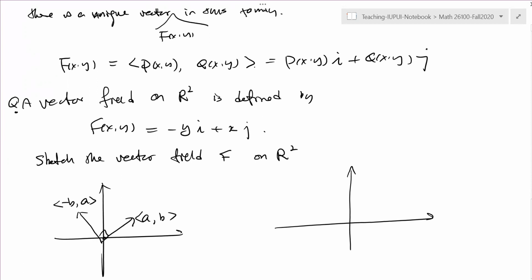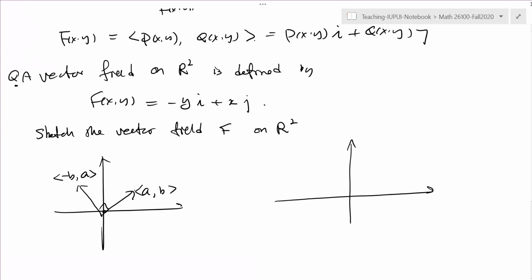We should know that. The inner product of these two vectors is going to be 0, so the angle theta is going to be 90 degrees. So at every point x and y, F of x and y is going to be (negative y, x).